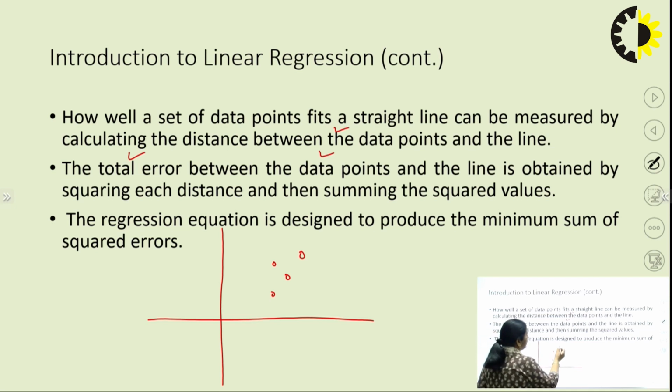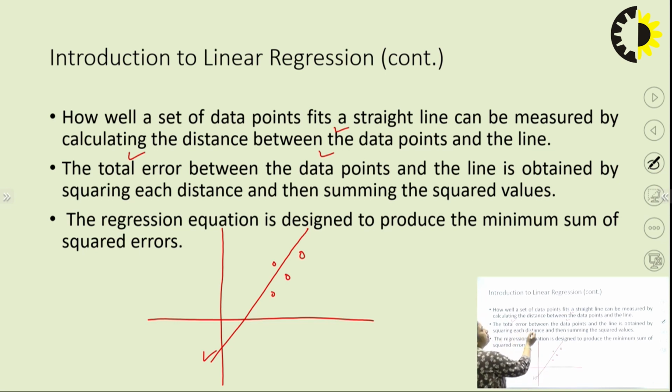If I find a line like this, how good is it, how well does the set of data points fit a straight line? If I take this straight line, what can I find out? I can find out the total error, how good a fit it is.